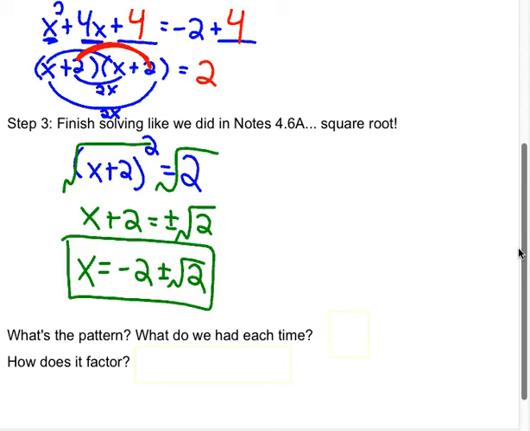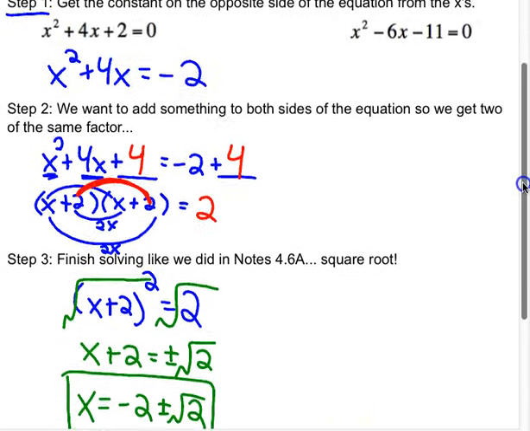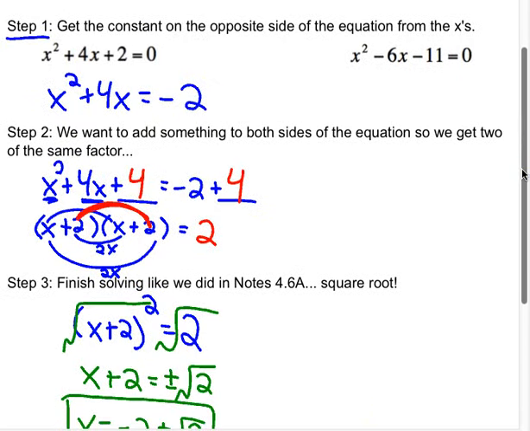All right, so again, probably really kind of mind-blowing from the get-go. So let's do another example together to take a look at how this is going to play out. Whenever I say complete the square, that first step, I do want you moving that constant over.